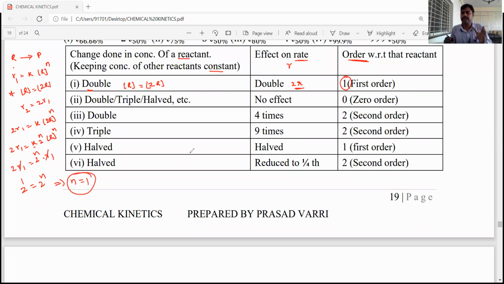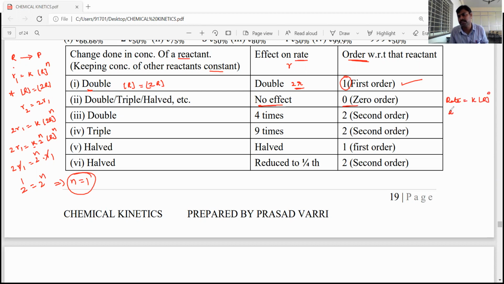So in any chemical reaction, if the reactant concentration is double and the rate is also double, it indicates a first order reaction. If the reactant concentration is doubled, tripled, or halved, whatever it may be, and the rate is not changed, it indicates a zero order reaction, because for the zero order reaction the rate is equal to constant into R power 0.